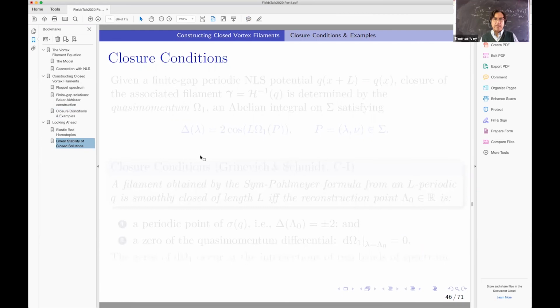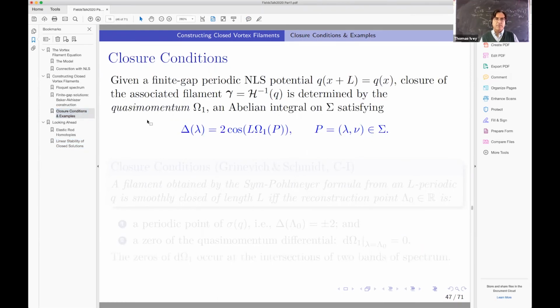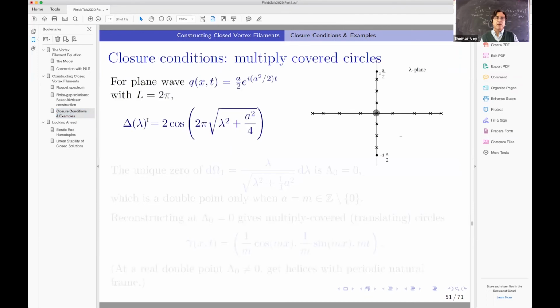Okay, how about more examples of satisfying these closure conditions? Well, again, with multiply covered circles, taking the length to be 2 pi for example, the plane wave solution has a Floquet discriminant that has this formula.